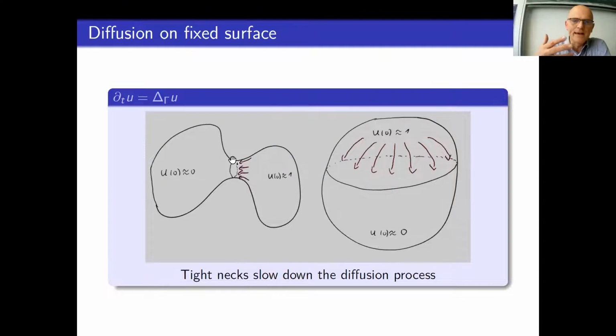For example, depending on the geometry, and the geometry now changes, the diffusion process is quicker or slower, depending also on whether you have, for example, small necks. Because diffusion wants to make everything equal, everything should go to a constant. But if you have a thin neck, it takes time to diffuse through this neck. So this is one phenomenon which appears here also.